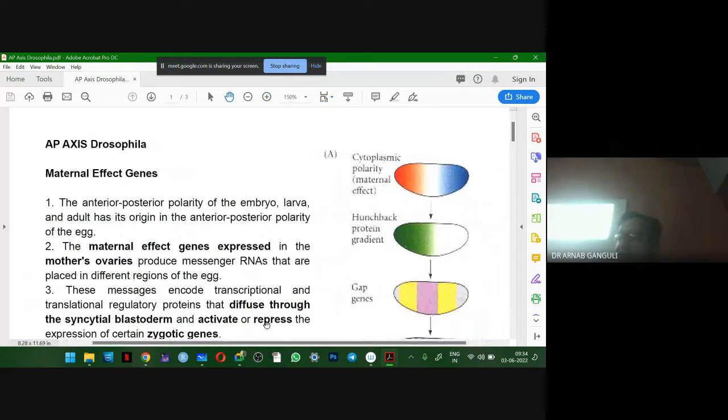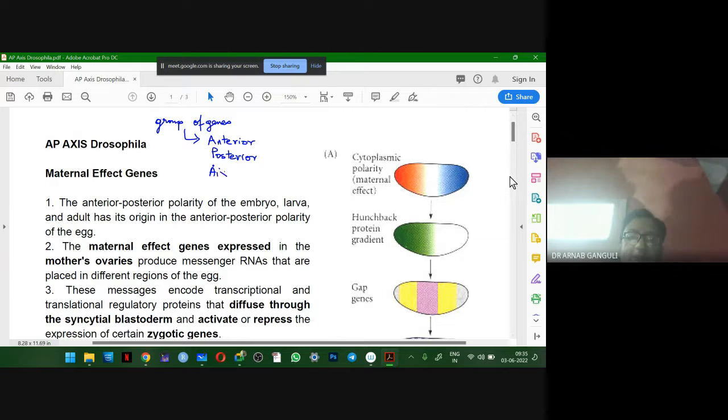Okay. So essentially, there are some group of genes which are responsible to give the anterior-posterior axis.